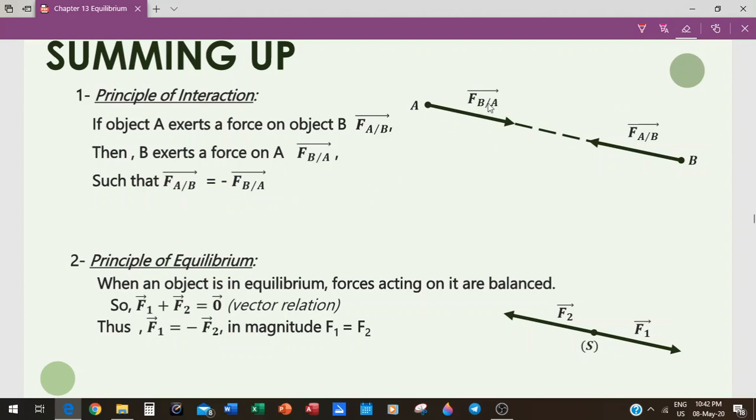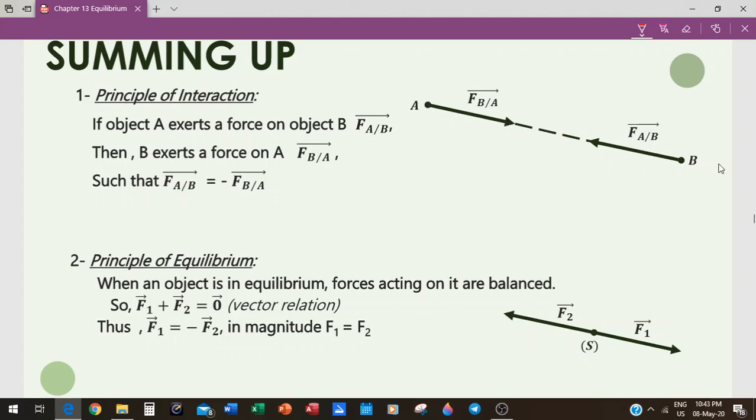We have two objects. They are interacting by two forces. Each one is exerting a force on the other one. A exerting a force on B and B exerting a force on A. These two forces, as we have said, have the same line of action, the same magnitude, and they are opposite in directions.